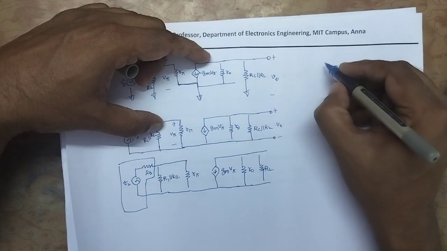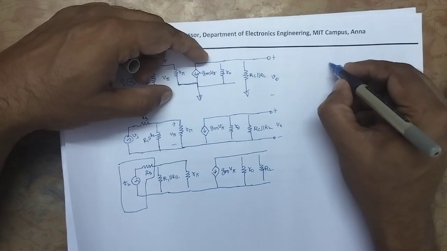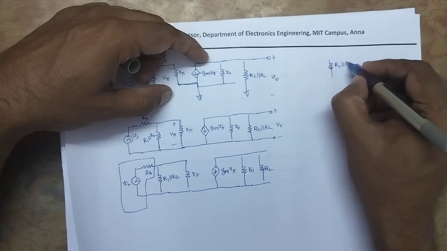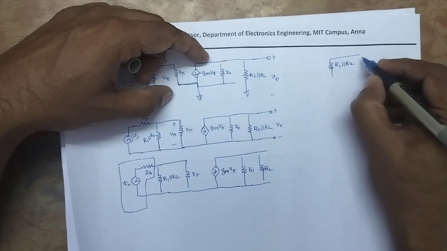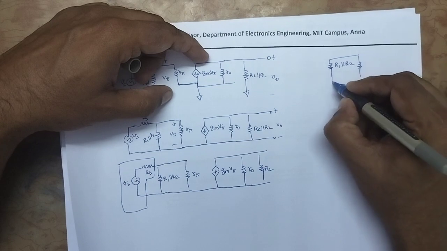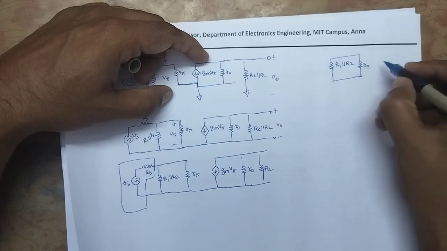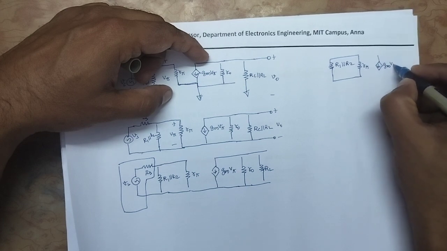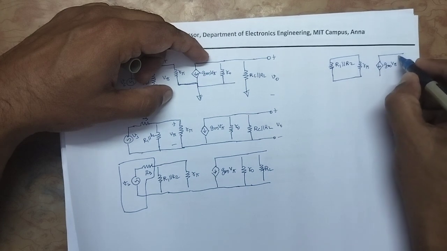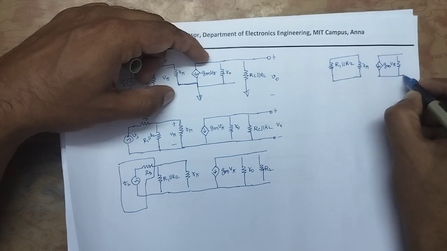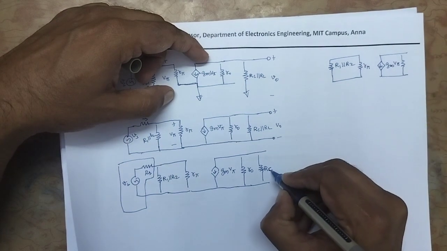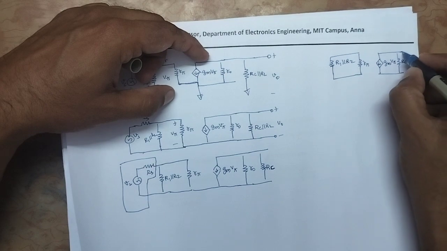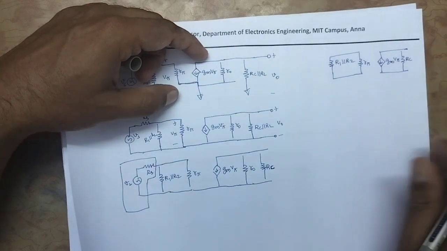Now the circuit will look like R1 parallel to R2, r pi, gm V pi, and I can group r naught parallel to RC.